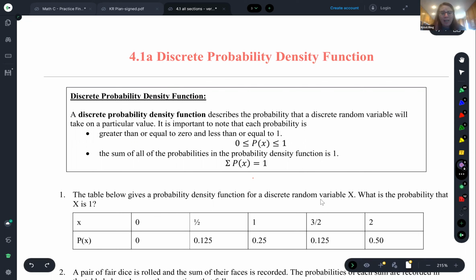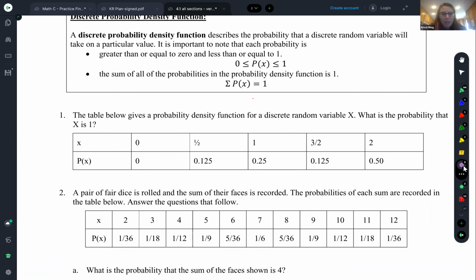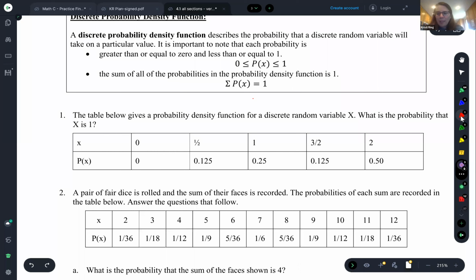Looking at this table, it says number 1, the table below gives a probability density function for discrete random variable x. You'll see that a lot, the discrete random variable x. What is the probability that x is 1? We can see right here in the middle column that x equals 1, because x is on the top line over here.